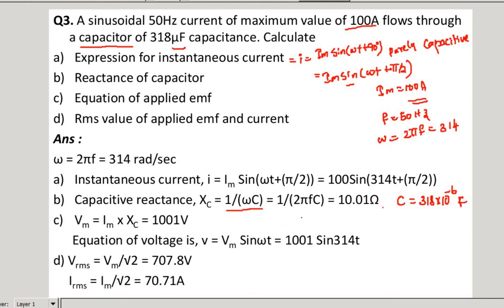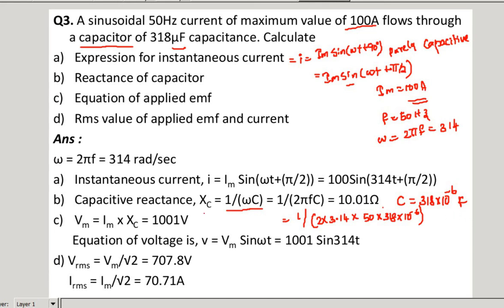So the expression will be 1 by omega C, that is 1 by 2 into 3.14 into 50 Hz into 318 into 10 raised to minus 6. Make sure that you convert capacitance to farads and inductance to henries, not to millihenry or microhenry, and not to millifarad or microfarad.